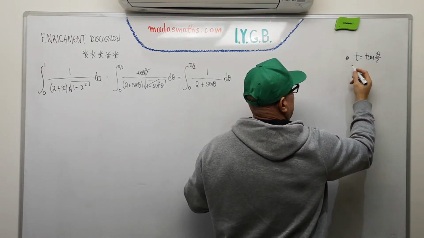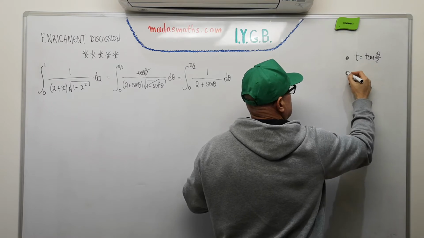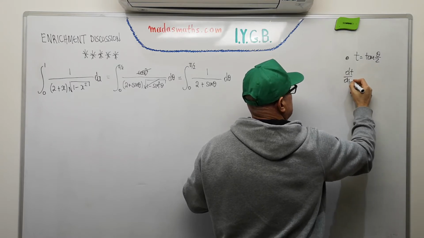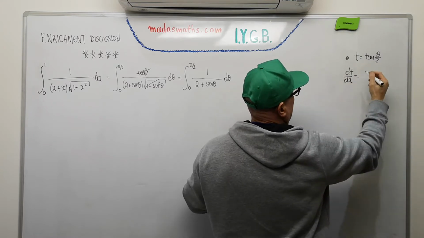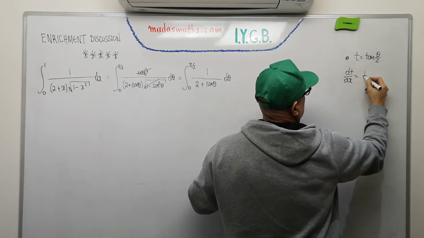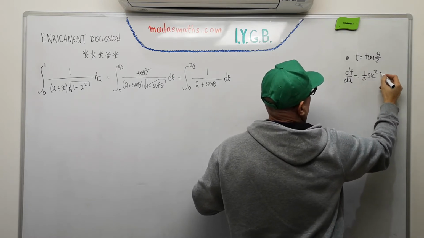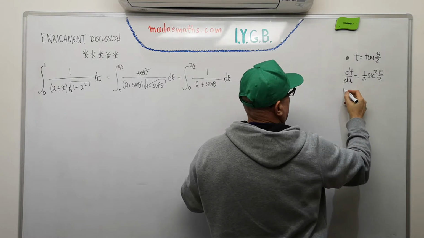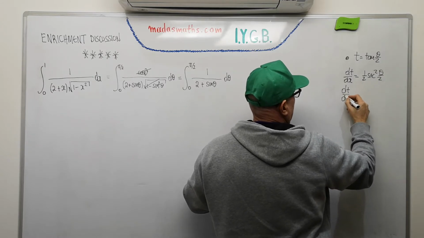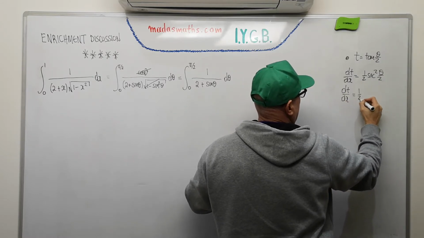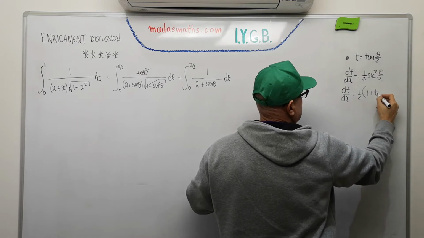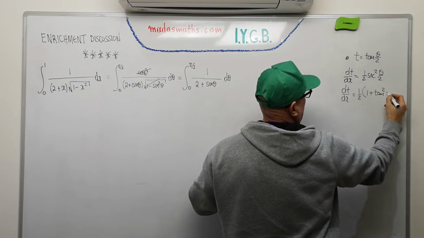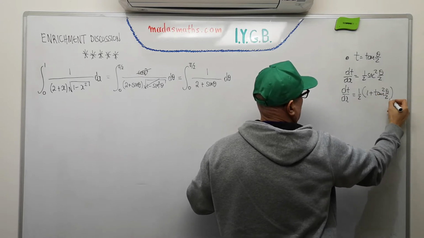Okay, what happens there? We're going to differentiate that. dt by dx is, of course, a half sec squared of theta over 2. dt by dx still is equal to a half, 1 plus tan squared of theta over 2.